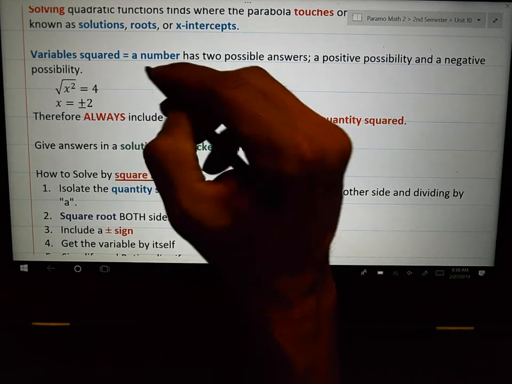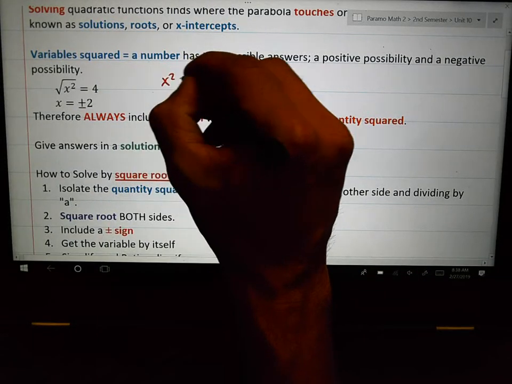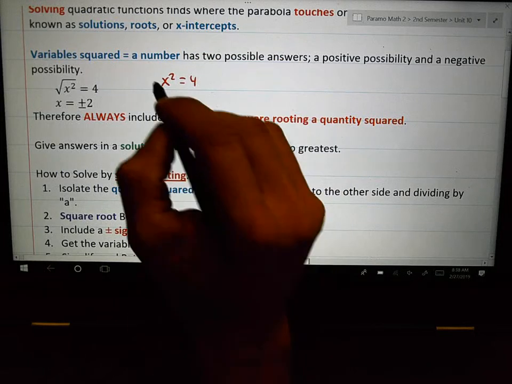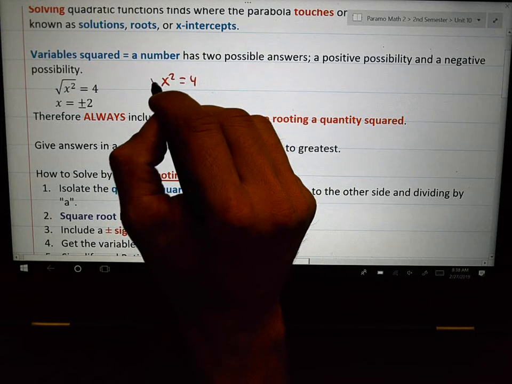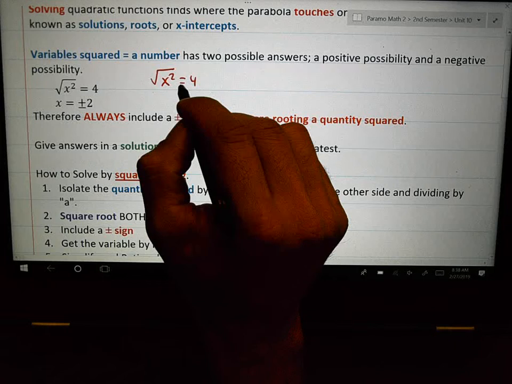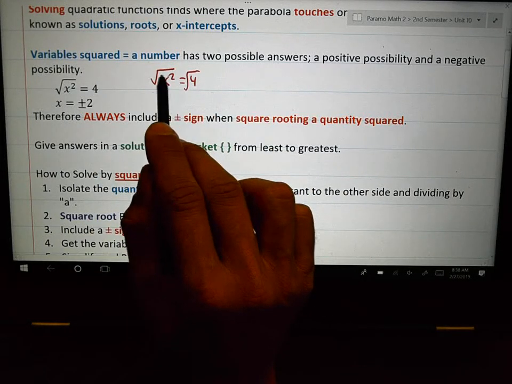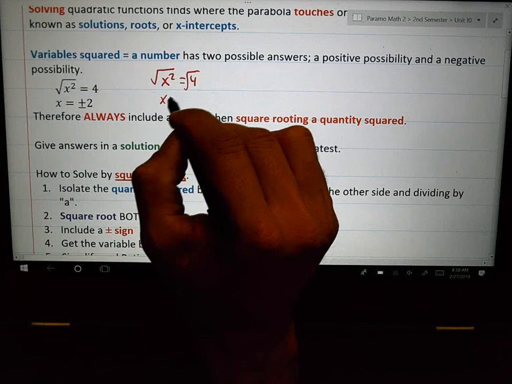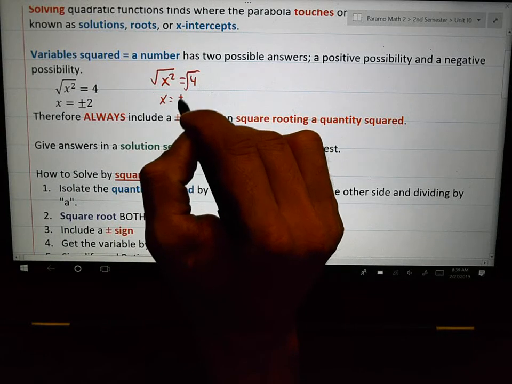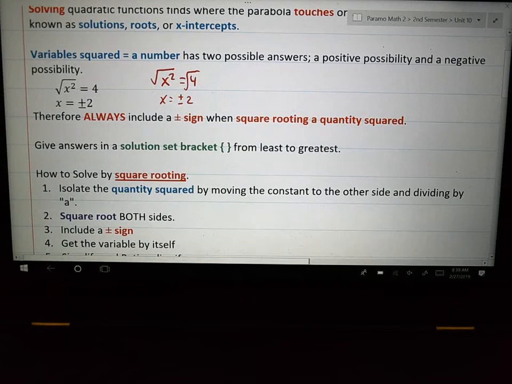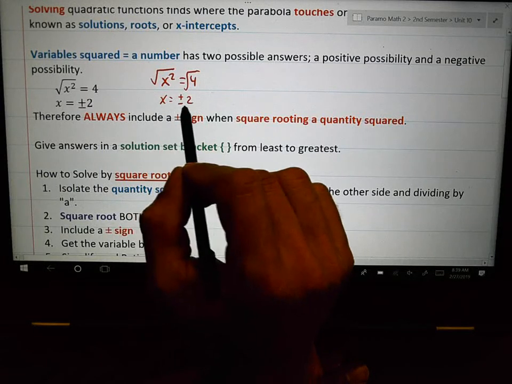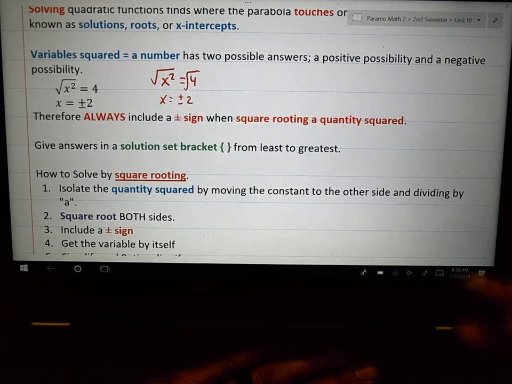Meaning, if you have x squared equals 4, and part of your math is to get rid of the little 2, you do the opposite, which is square root and square root. You have to remember, when you square root this squared, there is going to be a positive or a negative possibility for that square root of 4.